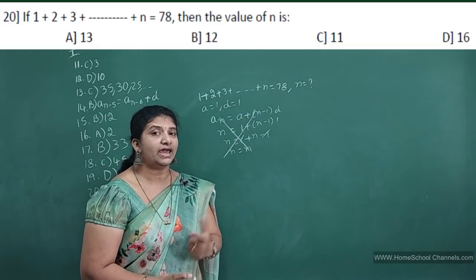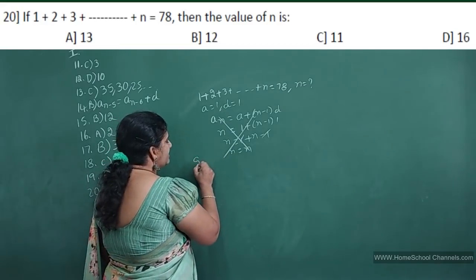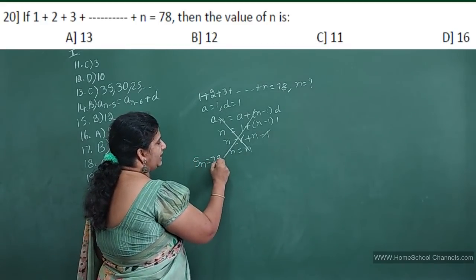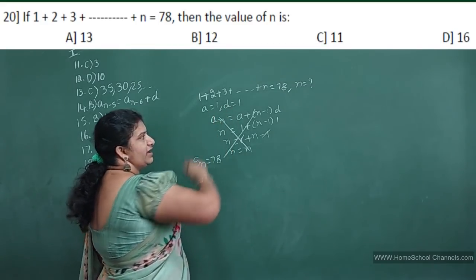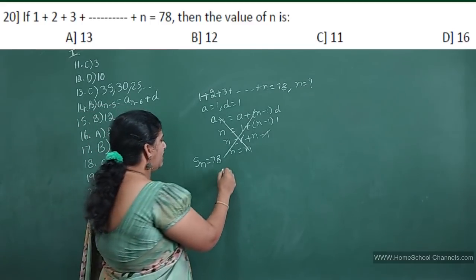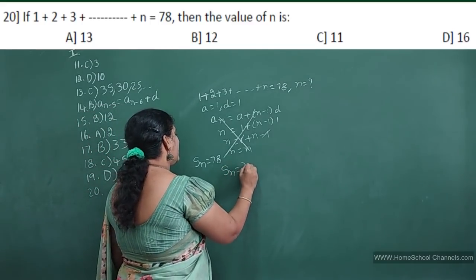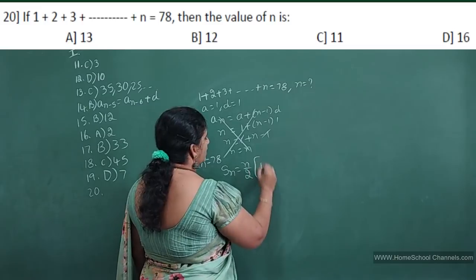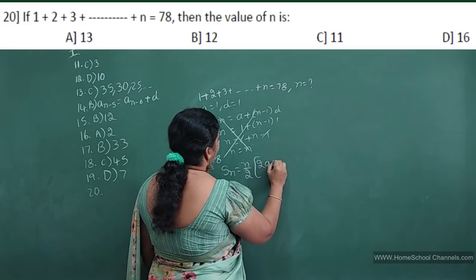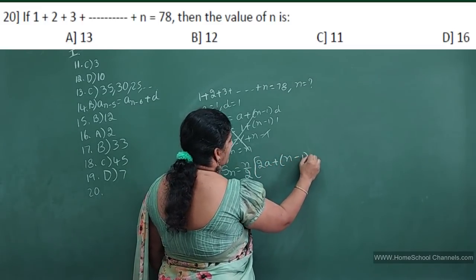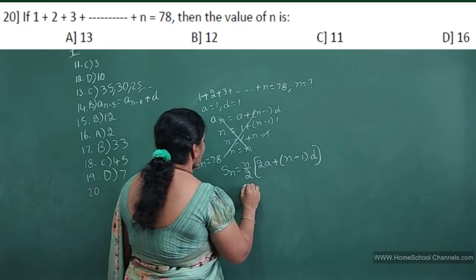78 is what? Sn. Sn is equal to 78. You know a value, d value. Apply in the Sn formula. Sn is equal to n by 2 into 2a plus n minus 1 into d.